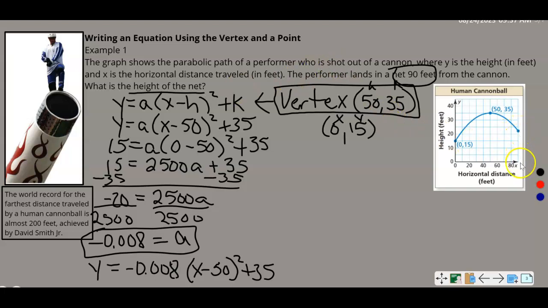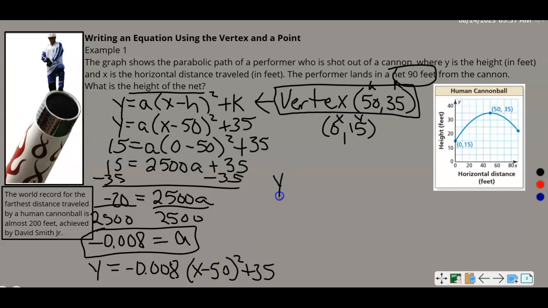If we plug in 90 for x, that's going to give us our y value, which is where the net is. So we're going to take our equation that we just wrote, and plug in 90 for x.